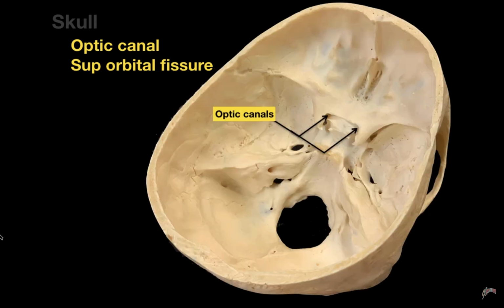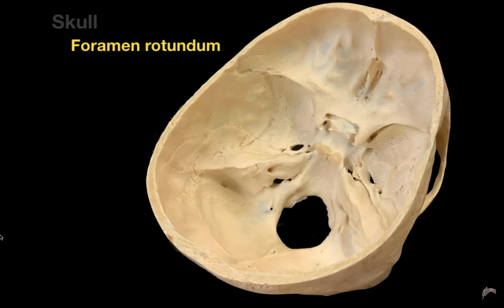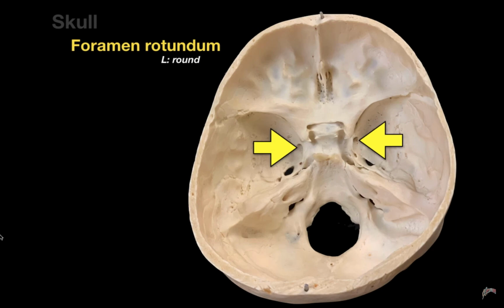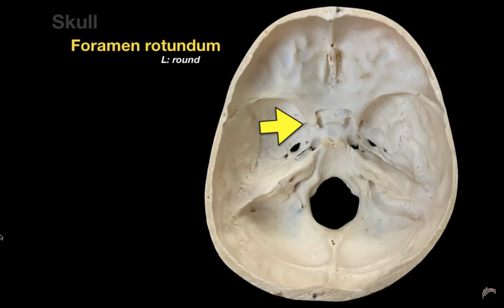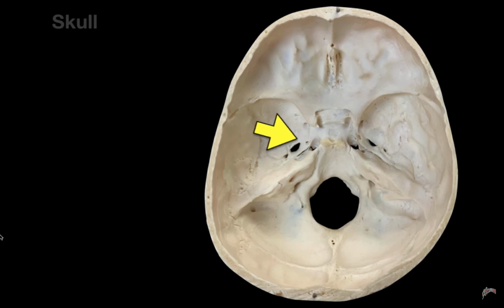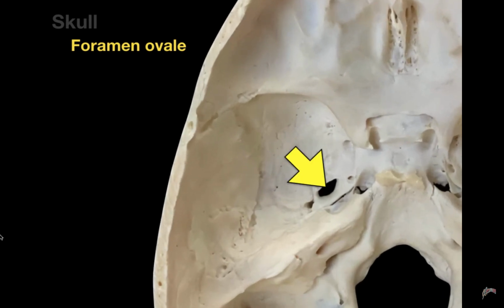Now let's do the same thing from this view. There's our optic canals, and there's our superior orbital fissure. Now the foramen rotundum is right there, and rotundum means round. So it literally means the round hole. From this view, you can see that round hole, and from that view, the round hole. Now that is in contrast to this foramen ovale, and ovale is Latin for oval, for this oval-looking foramen right there.